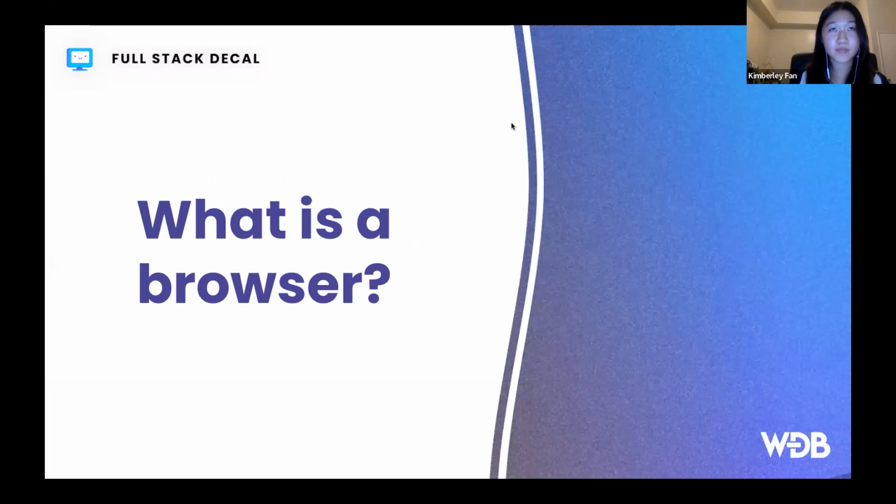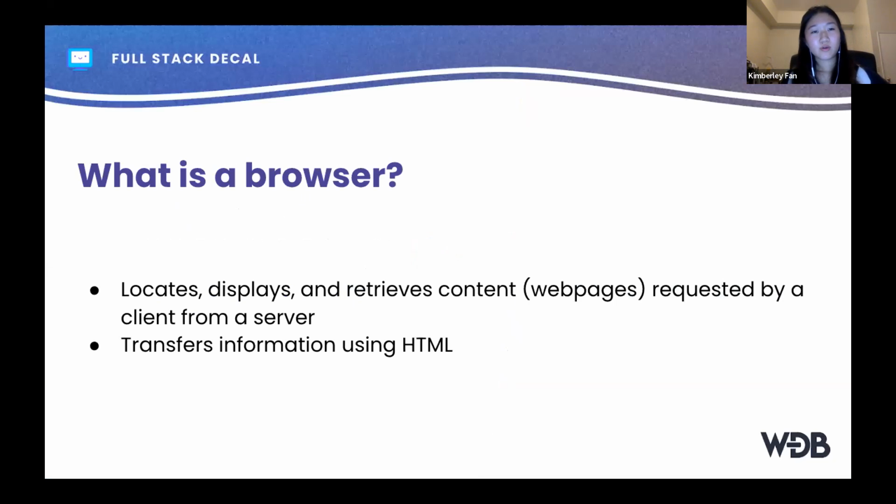So let me first talk about what is a browser. What we wrote here, basically, the textbook definition is that it locates, displays, and retrieves content. So these are like web pages requested by a client from a server. Anytime you see something on your browser, it's grabbed. The browser looks for where the server is located.